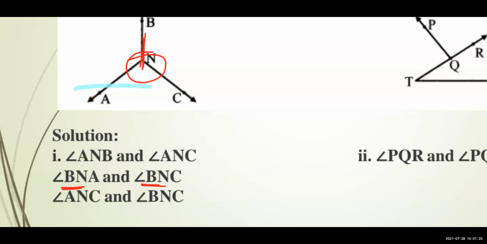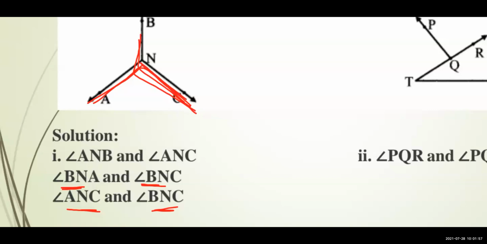The third pair is angle ANC and angle BNC. Here NC is our common arm. N is our vertex and having a separate interior. So here we have found the three pairs of adjacent angles.